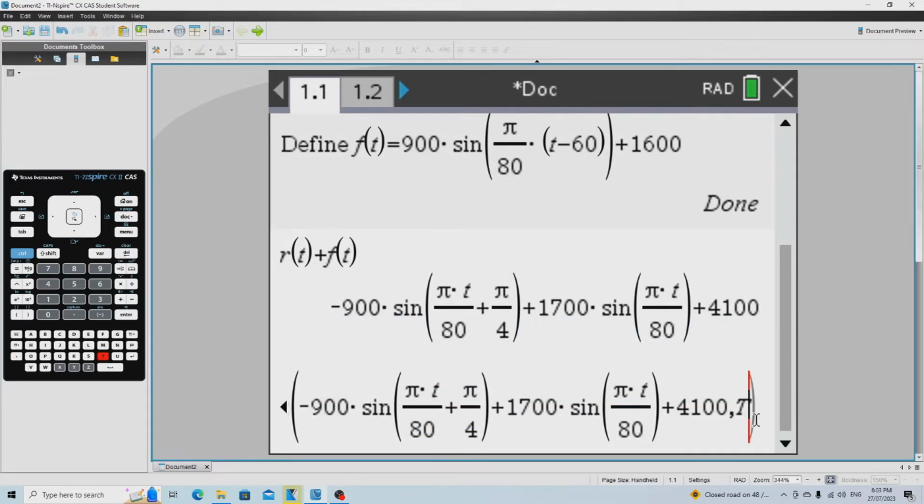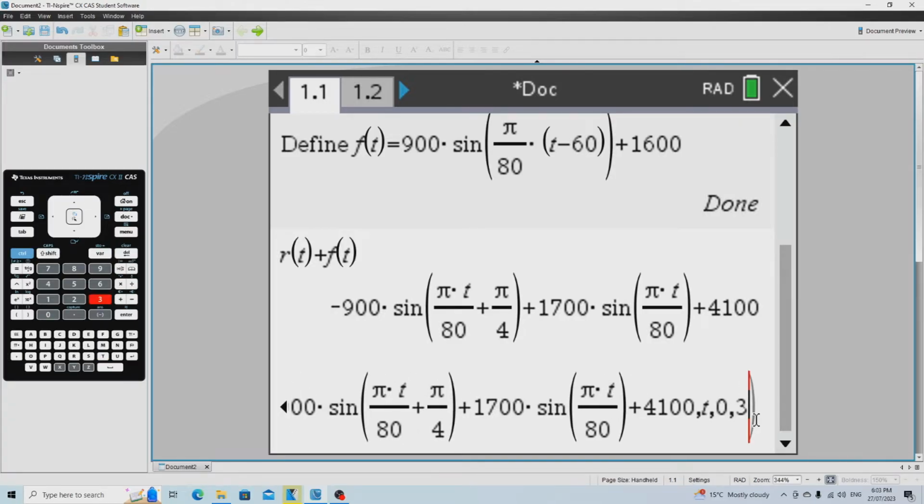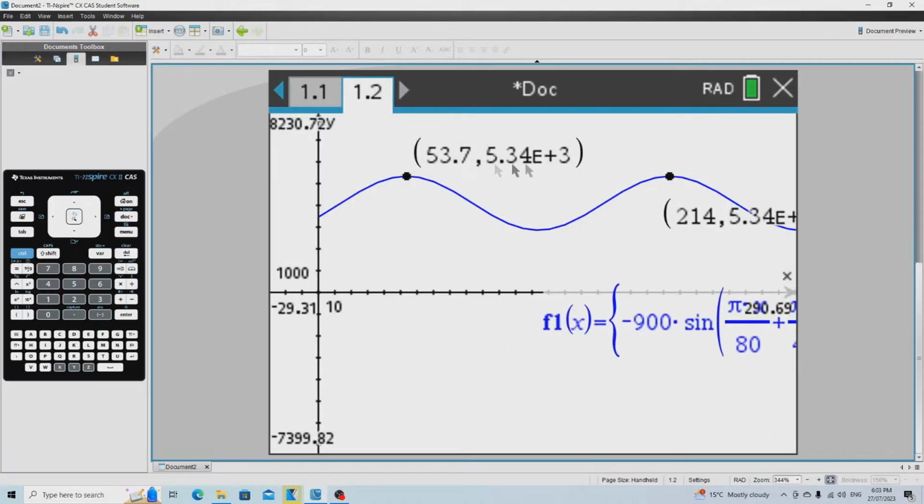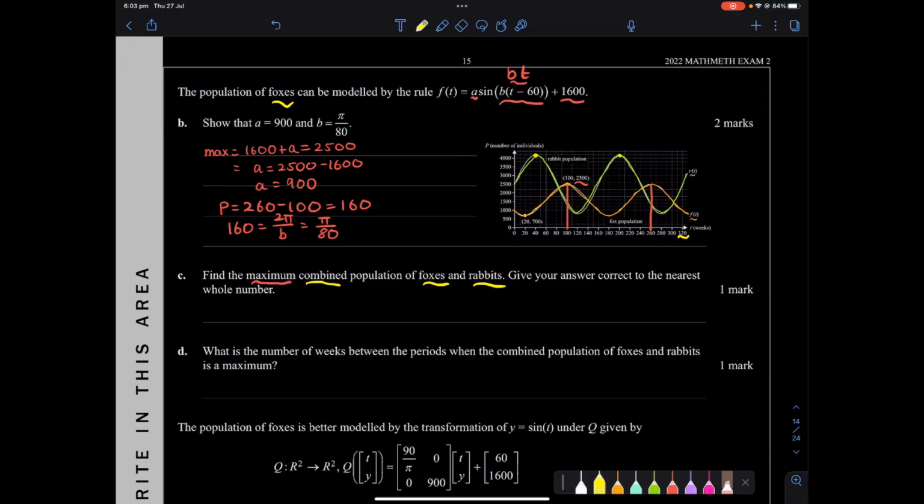T is the value we want from 0 to 320, which gives us T equals, okay, so this is your answer. Using the F max is better, because this one gives your minimum for some reason. So T, to a whole number, is 214.